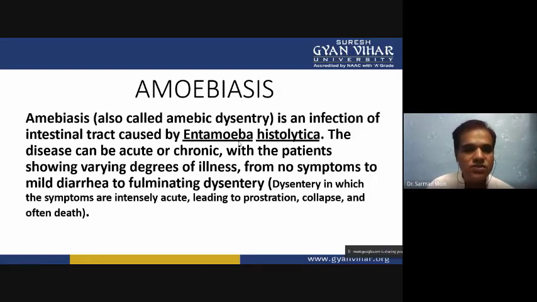Patients show varying degrees of illness, from no symptoms to mild diarrhea to fulminating dysentery, and if the amoeba infection spreads to nearby organs, these symptoms will also increase. So according to the various degrees, we have to treat it.